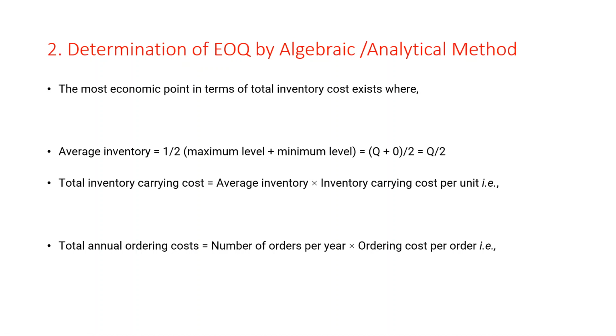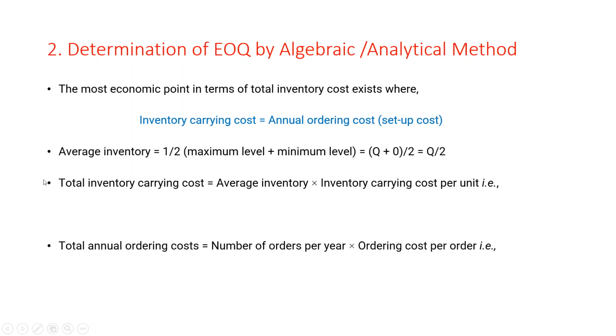The most economic point in terms of total inventory cost exists where the inventory carrying cost is equal to the annual ordering cost. So if we require the total inventory cost, we require the inventory carrying cost to be equal to the ordering cost.